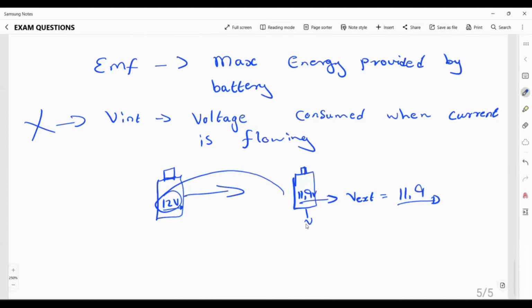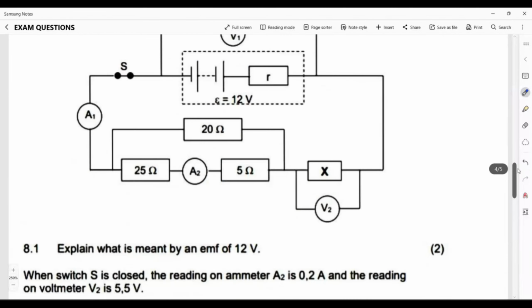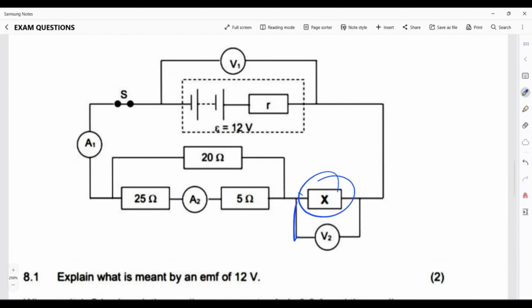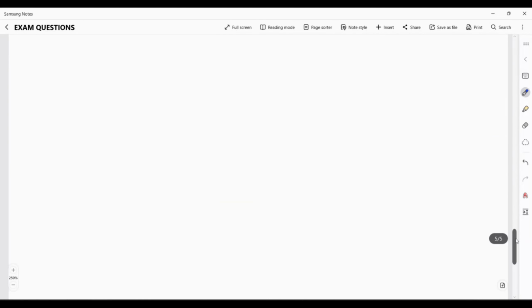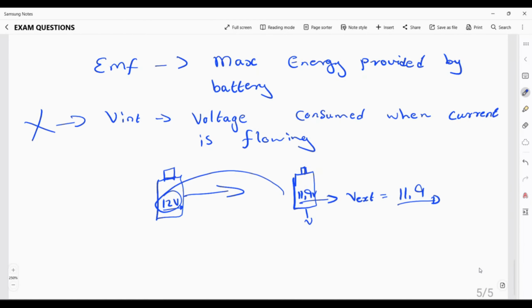That is why in each circuit we measure the voltage on the resistance. So the battery itself also has a resistance, the internal resistance, and it takes something out of that EMF.